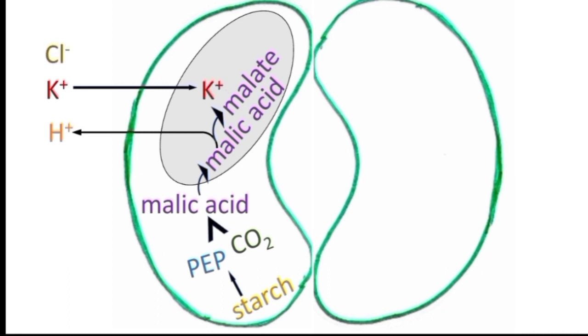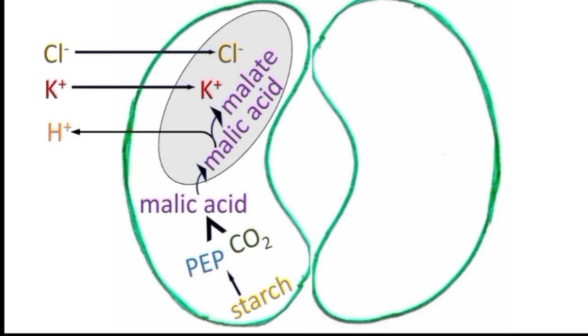In some plants, along with potassium ion, chloride ion also enters the guard cell. So, as hydrogen ions are transferred from the guard cell to the subsidiary cells, the pH of the guard cells decreases.